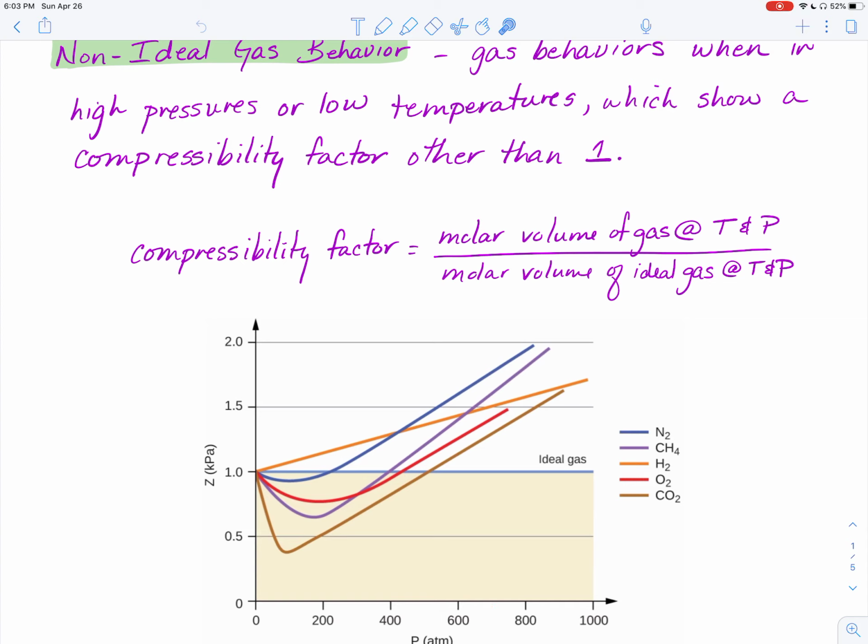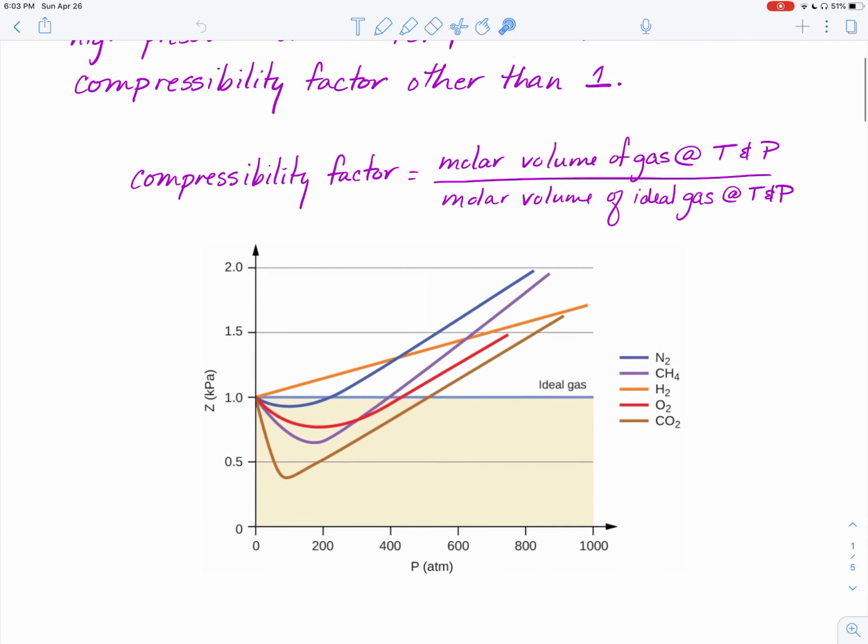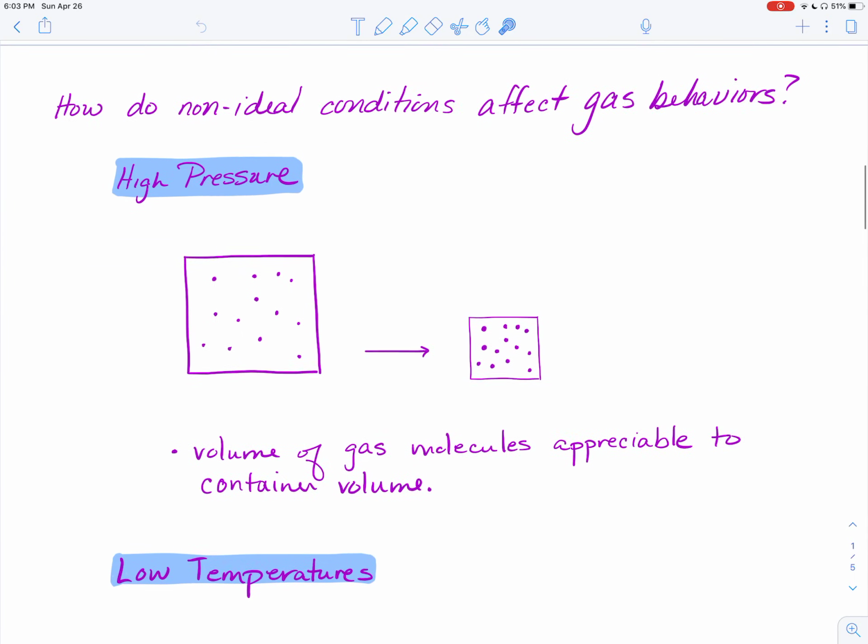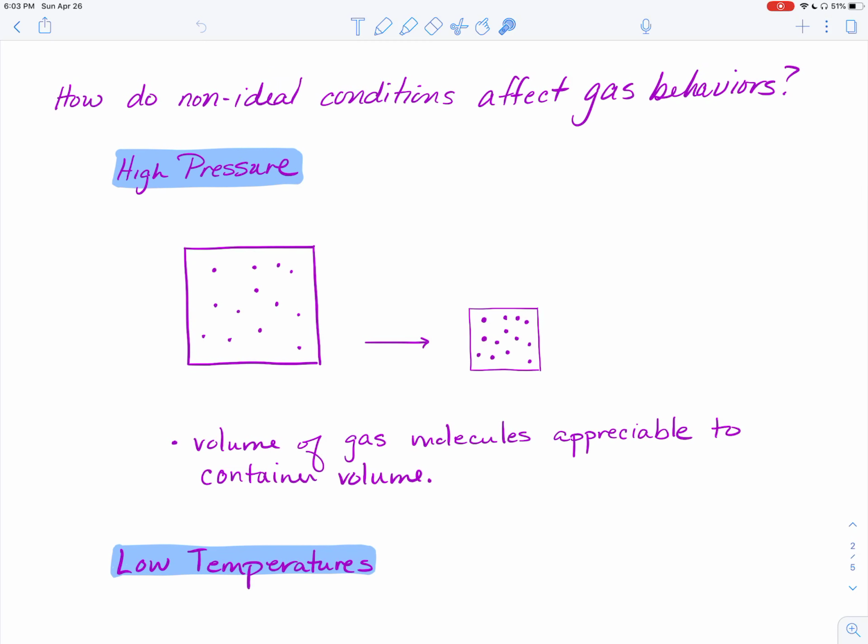As the pressure increases for gases, at high pressures, the compressibility factor of those gases increases and increases, and so it starts to not act in an ideal way. There are two ways in which non-ideal conditions affect gas behaviors.